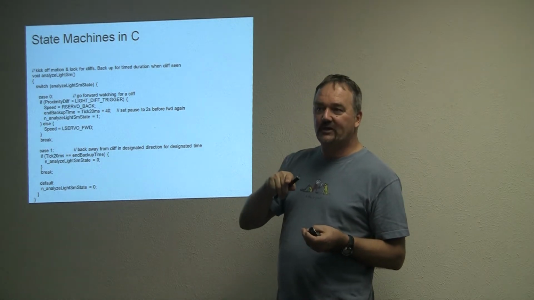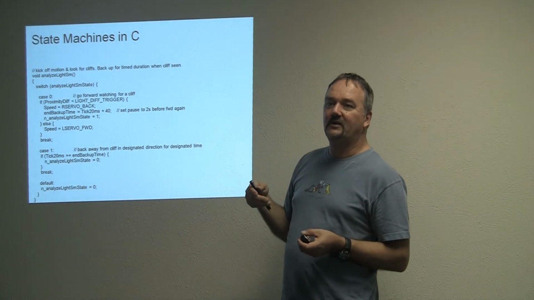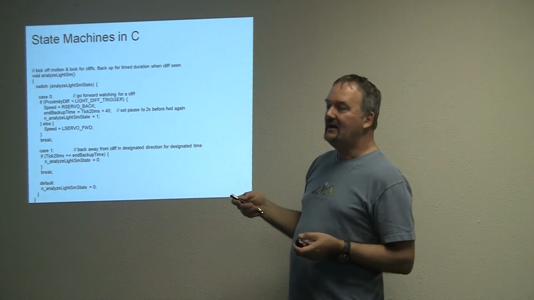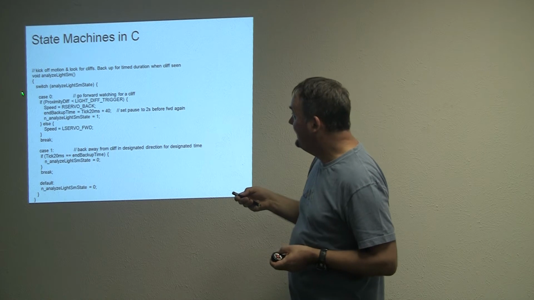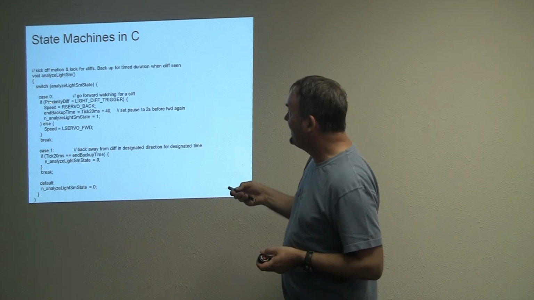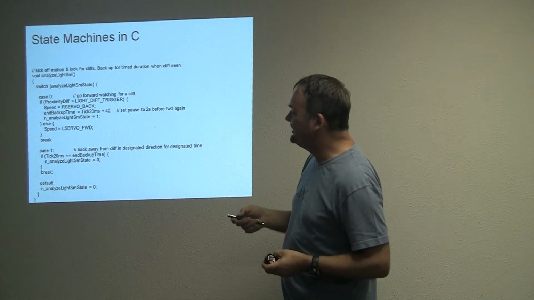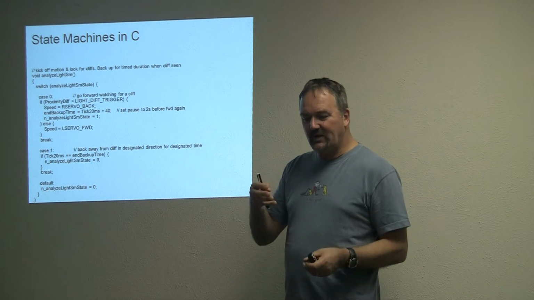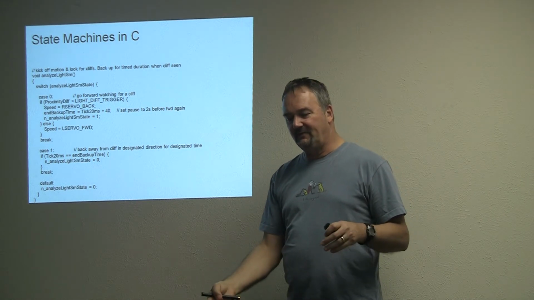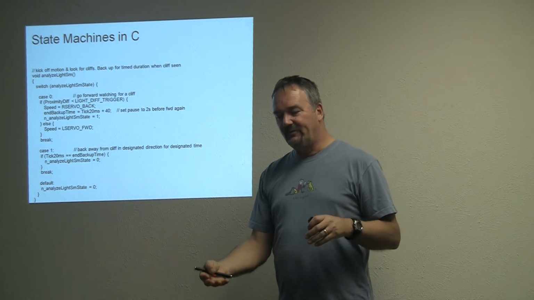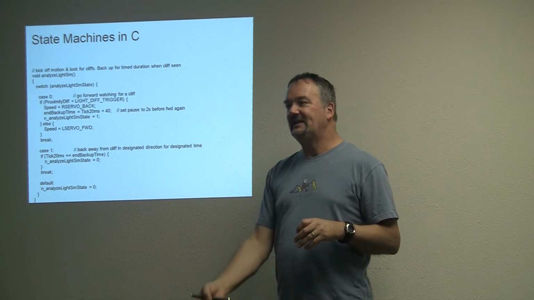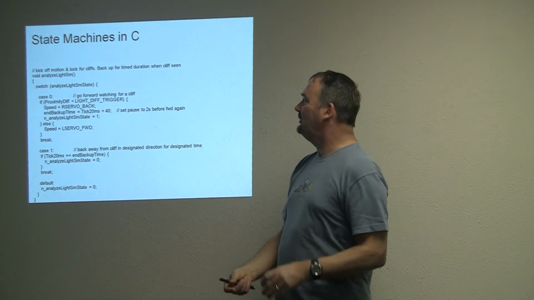You want to check for the trigger condition that will cause it to transition out of that state and to a different state. So in this case, proximity differential is the difference between the light, the photosensor reading from the A to D converter when the LED was on versus when it was off.